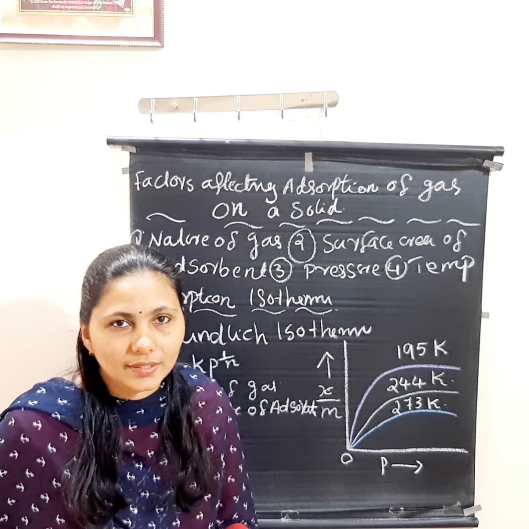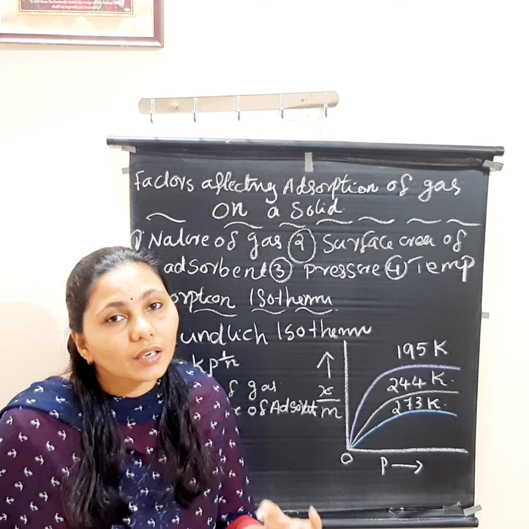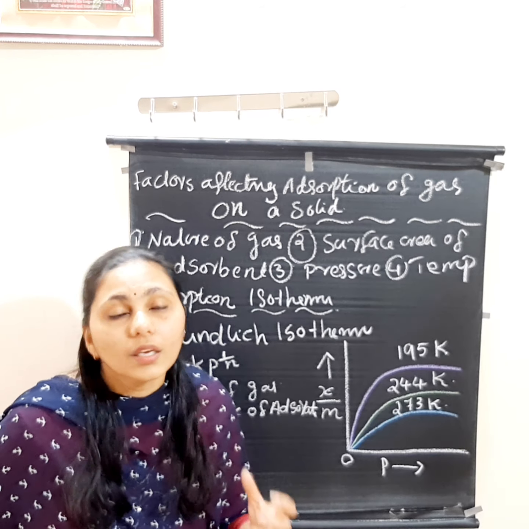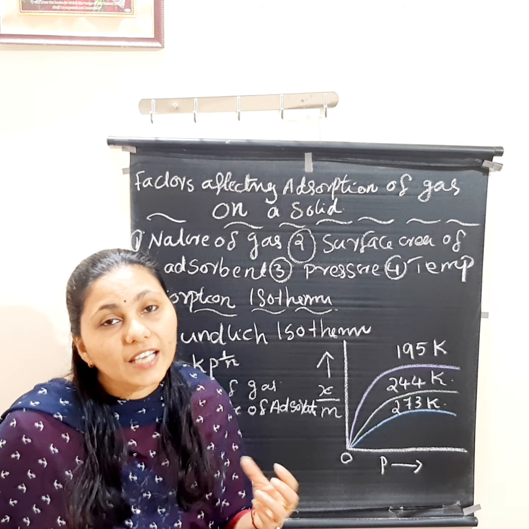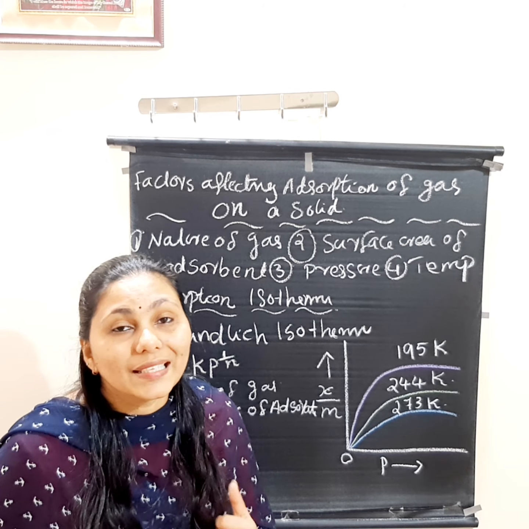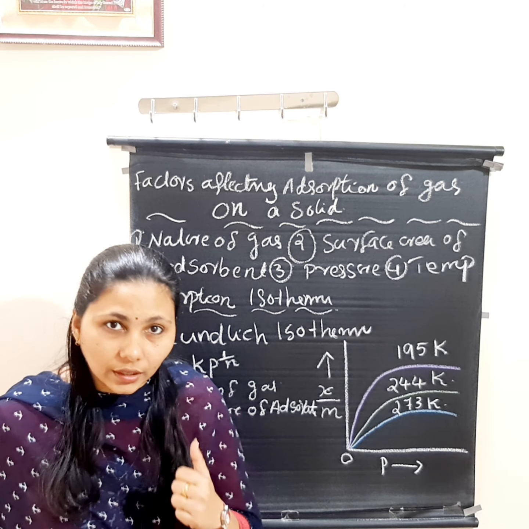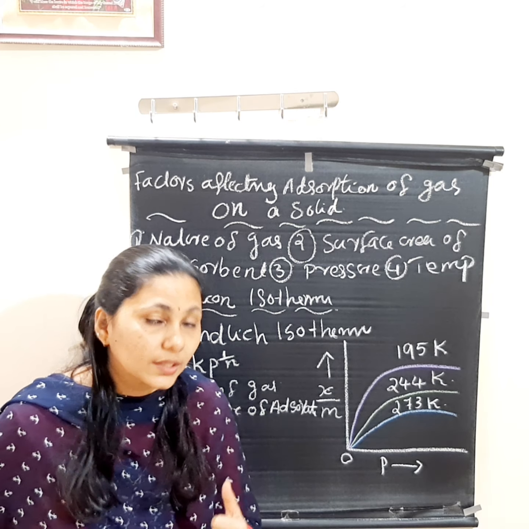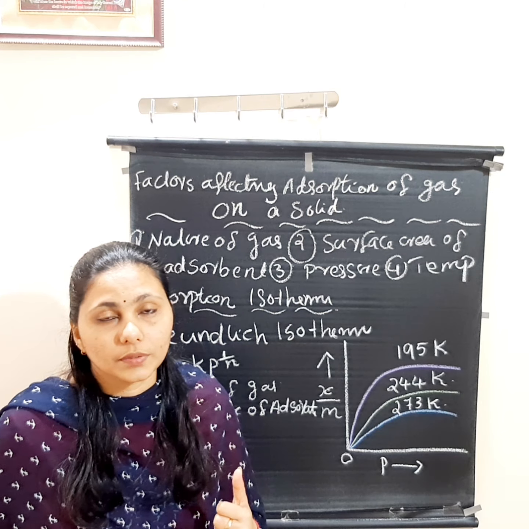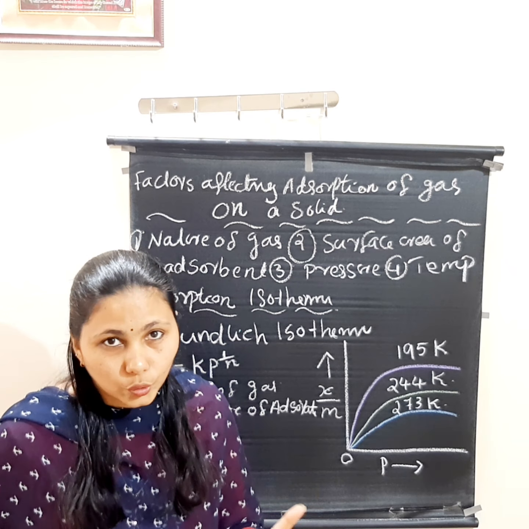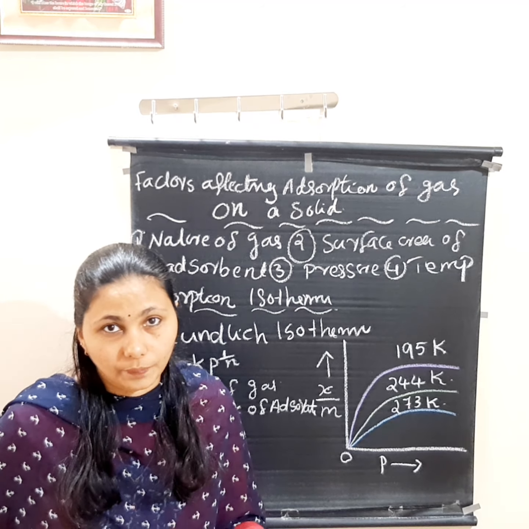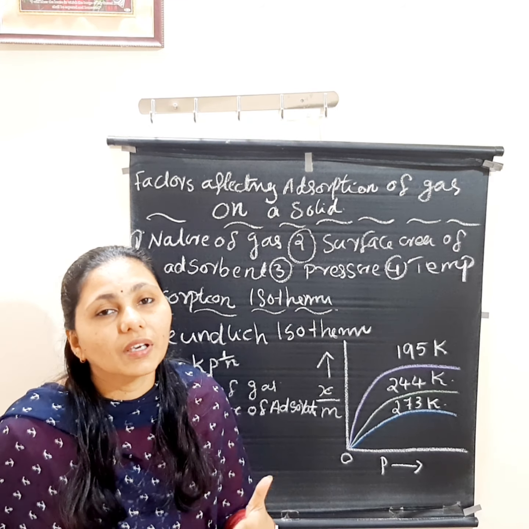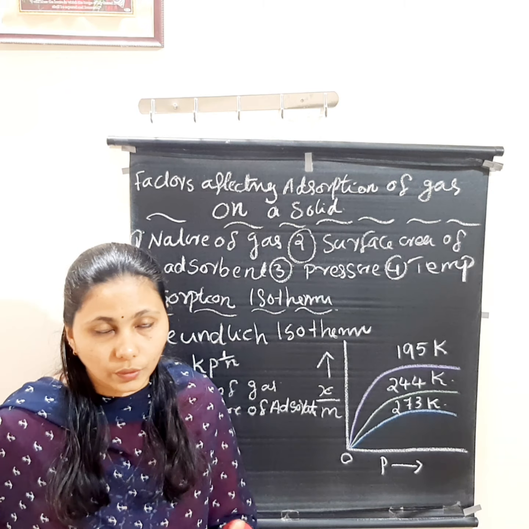Simply, the variation in adsorption of a gas on a solid adsorbent with pressure at constant temperature, expressed with a curve, is known as adsorption isotherm. How much variation in adsorption of a gas takes place with the change in pressure at a constant temperature is given by a curve.